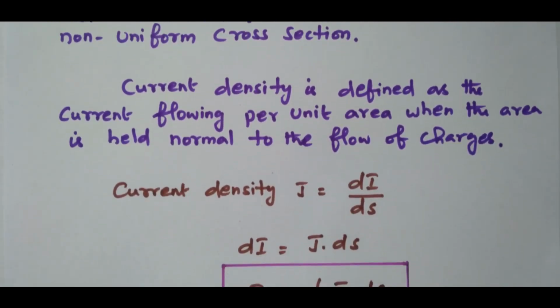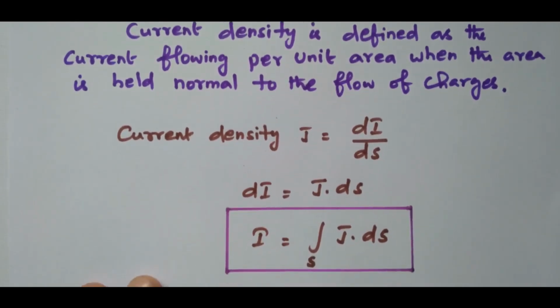So current density J equals dI divided by dS, current per unit area. Cross multiplying, dI equals J into dS. By integrating on both sides, we get I equal to the surface integral of J dot dS, a double integral. So the current is expressed in terms of current density as I equal to the surface integral of J dot dS.